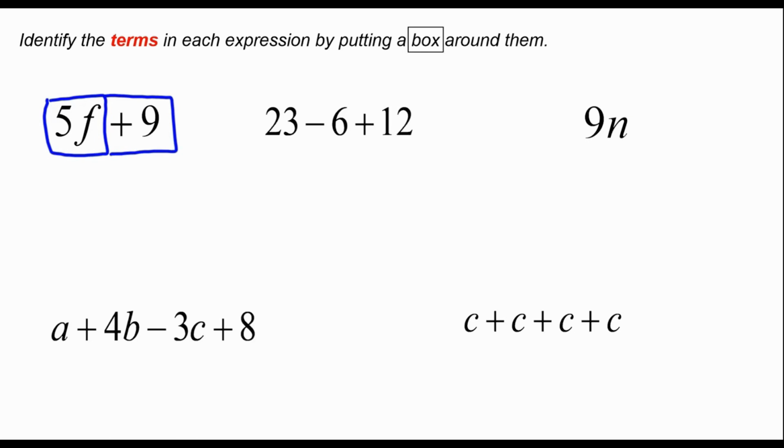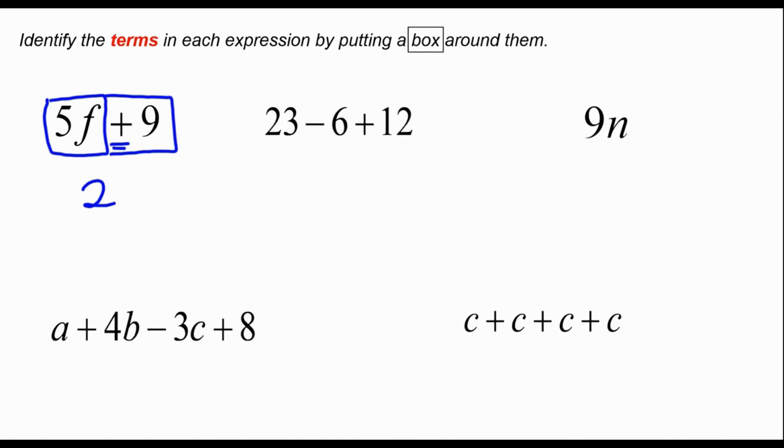When I put boxes around them, I'm always going to include the operation or the sign in front of the term, and that's going to be important when it comes to simplifying expressions in our next video. Always include the sign or the operation in front of the term. So this one has two terms.